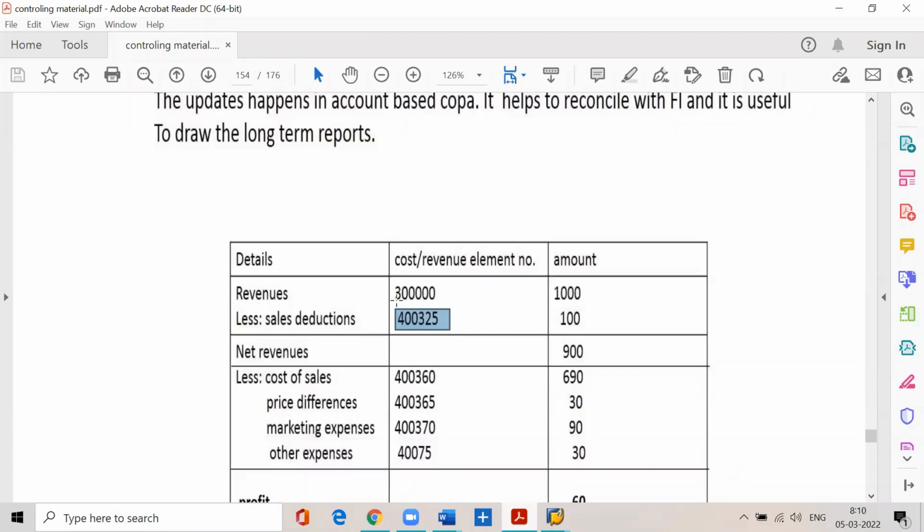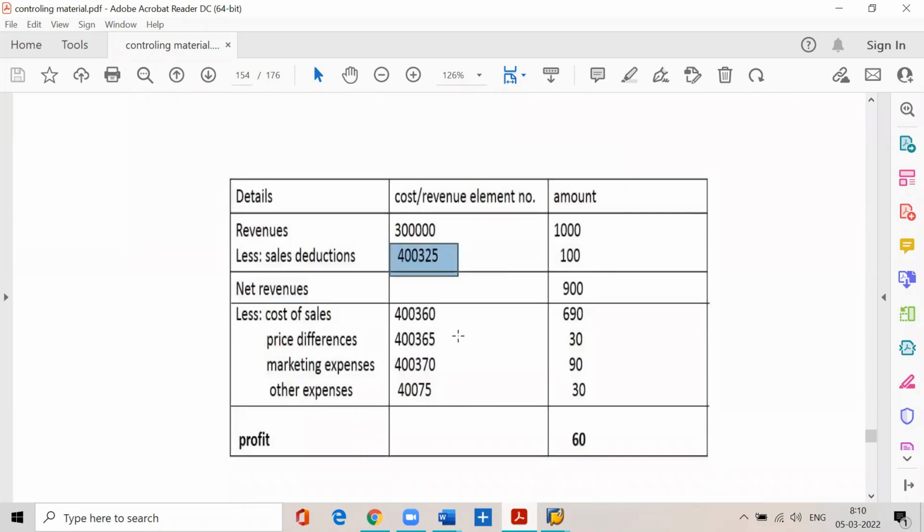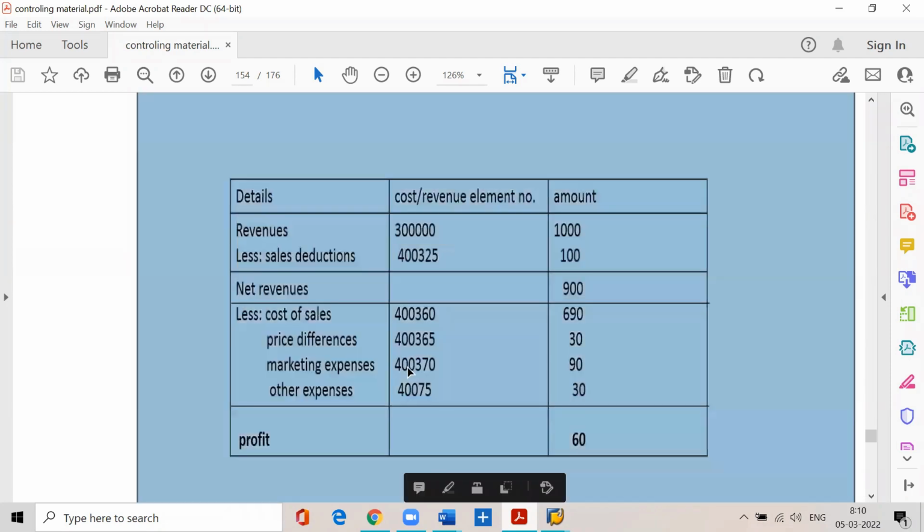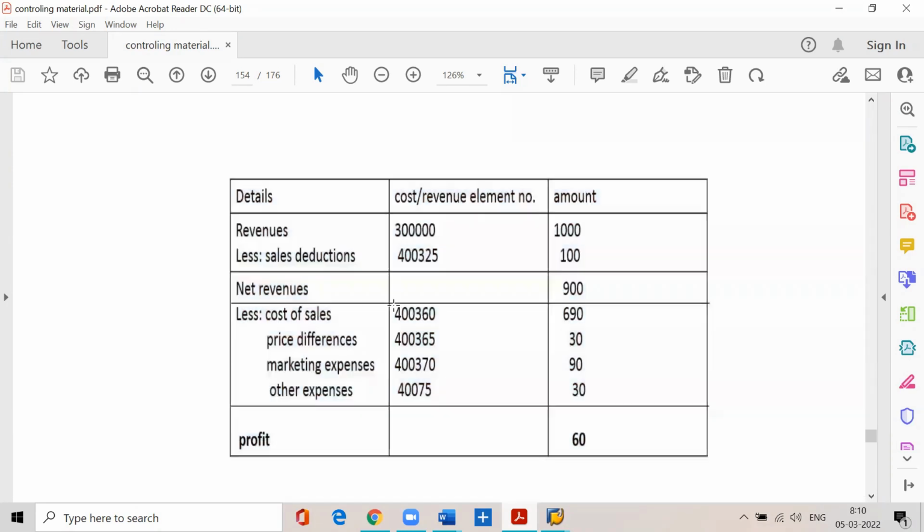So revenue is the 3 lakhs GL account and the amount 1,000. How is this 1,000 amount of sales taken to COPA? Through the GL account only. And how is this sales related expense of 100 rupees taken to COPA? From this GL account only. 4,320. Then price differences, marketing expenses, other expenses. Every expenditure is also taken to COPA through GL accounts only.